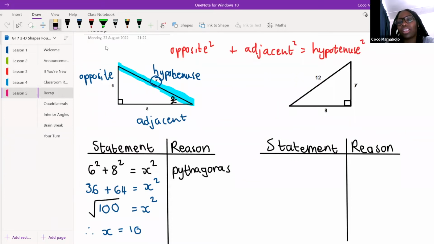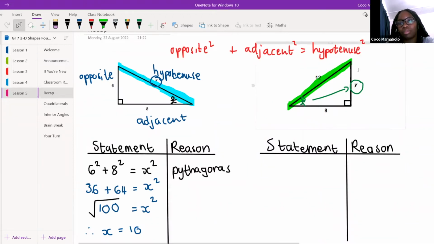Jaria says the one has a y, but my hypotenuse is not y. Well done, Smita and Jody. It's 12. Good. So what we're actually solving for is y. If I draw my little man here at the bottom, what side is y? Who can tell me what side y is called from our little man? Who remembers?